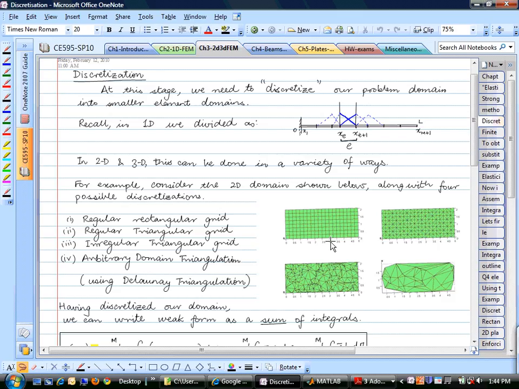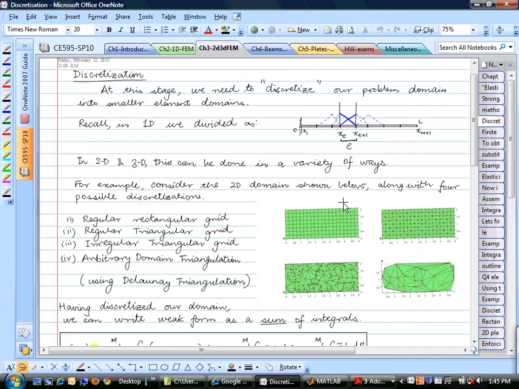But that is not really what we are doing. Essentially, we divide our domain into all these small parts, but then we assume that within each part the solution is going to follow a linear variation, let's say, or a quadratic variation. And that allows us to assemble the entire global solution.